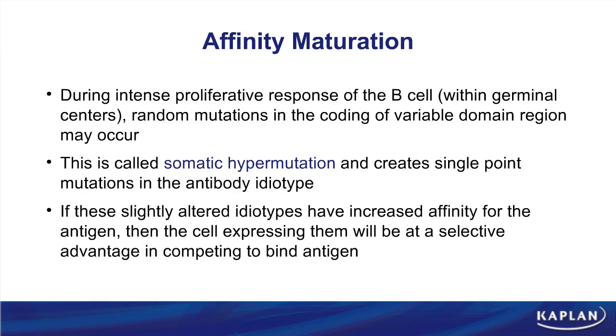If these mutated idiotypes have an increased affinity for the antigen, they have a selective advantage over everyone else. We'll talk about how that somatic hypermutation results in this really cool process called affinity maturation.